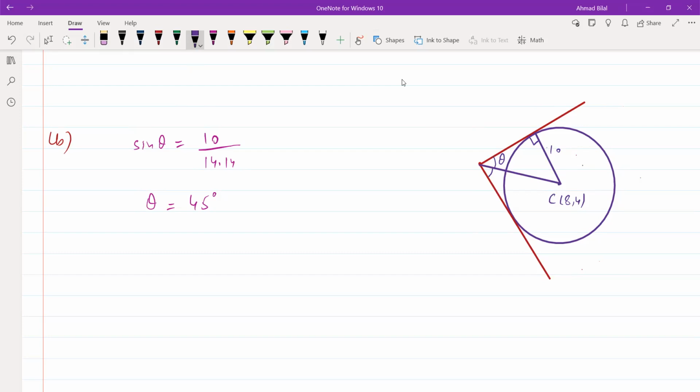This is the point A, or let's call any of them A. This is A, let's say, this is point B. What do you think this shape looks like? What is this shape?